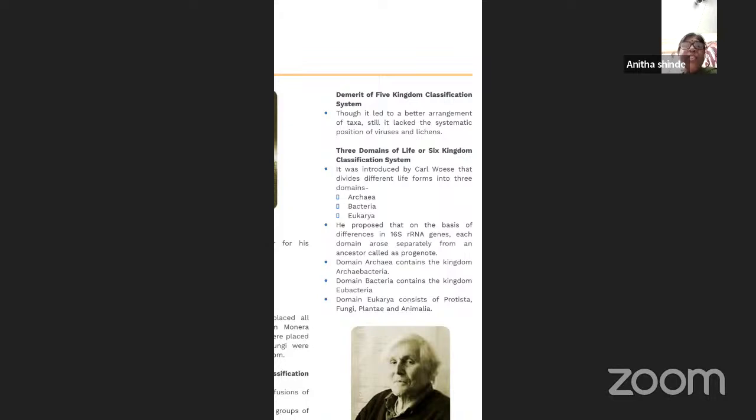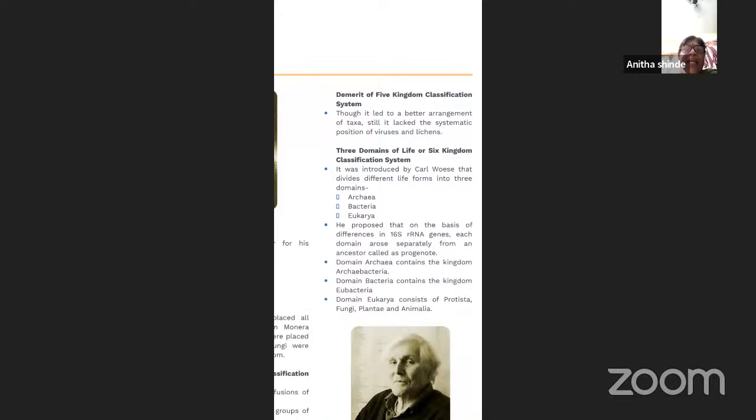Now coming to the 3 domains, this was given by Carl Woese, who divided all the living organisms into 3 domains, which we call archaea, bacteria, and eukarya. He proposed all this on the basis of differences in 16S ribosomal RNA genes. Domain archaea contains the kingdom Archaebacteria.